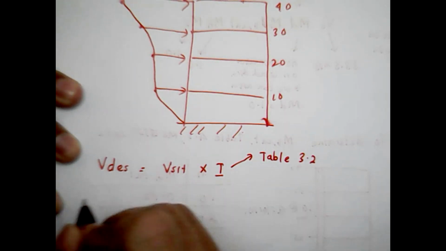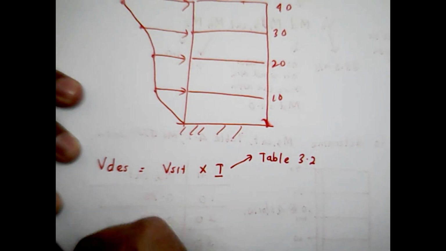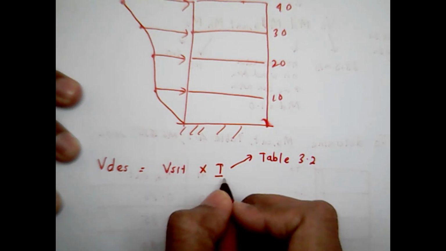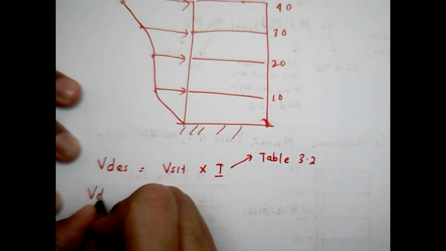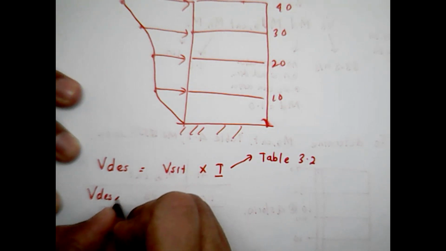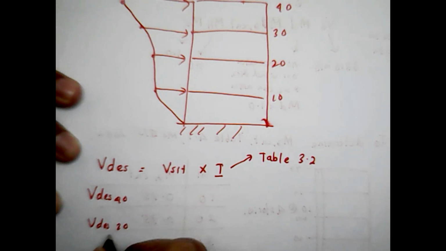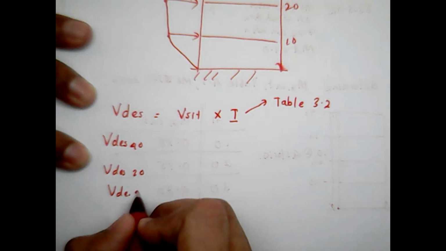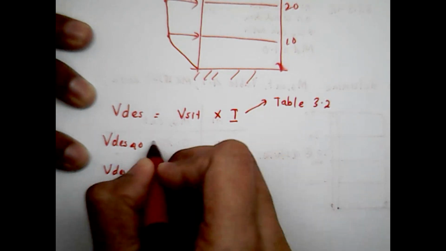So now we know that our coefficient factor is 1 because it is category 2. So we can calculate V dash, which equals V seat times I, the importance factor. We now calculate V dash at 40 meter, V dash at 30 meter, V dash at 20, and V dash at 10.